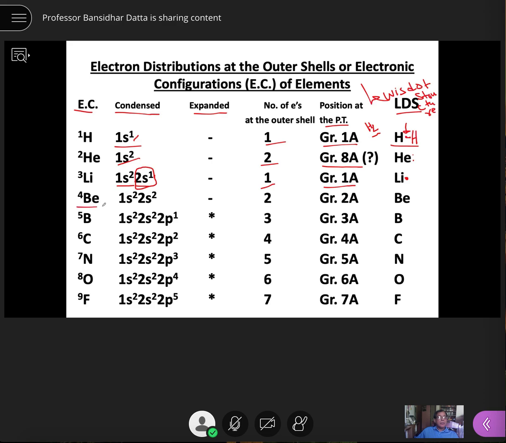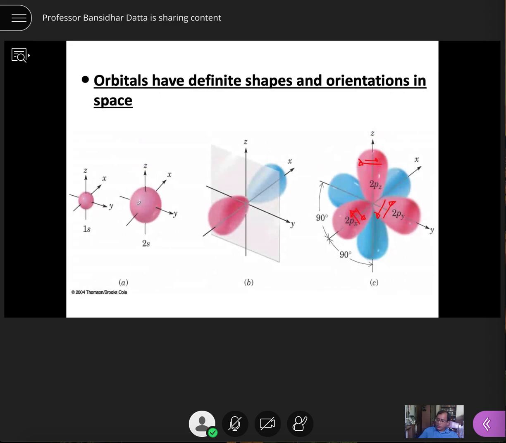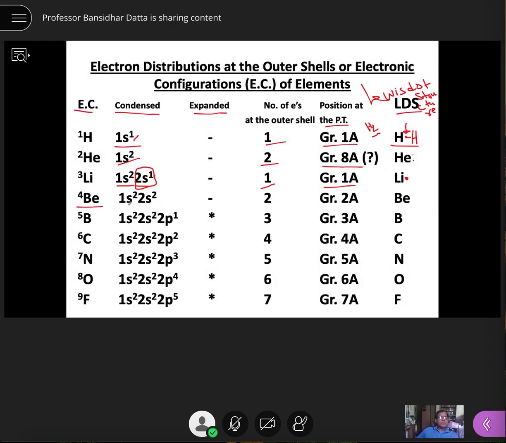Beryllium, Be, atomic number 4: 4 protons in the nucleus, 4 electrons in the extranuclear space. The electronic distribution is 1s2, first shell filled up; the second shell has 2s and 2p, only 2s is filled up, 2p is still empty because it doesn't have enough electrons. So it has 2s2, and the number of electrons in the outer shell is 2, group 2A.